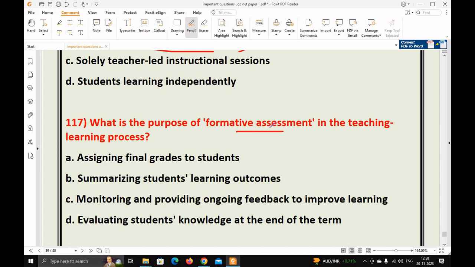Right answer is option C, monitoring and providing ongoing feedback to improve learning.